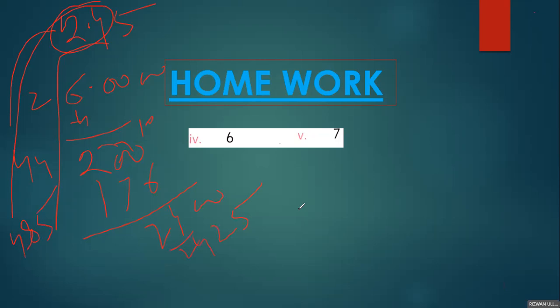So no, it is not divisible by 5. This is 48, and do it by 4. So that will be 2.4 for the answer, and do the 7 in the same way.